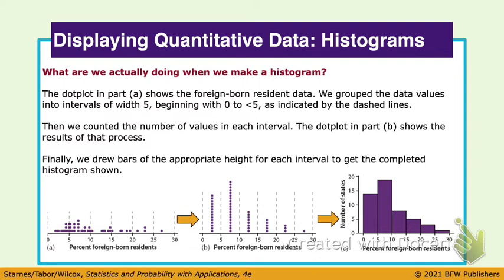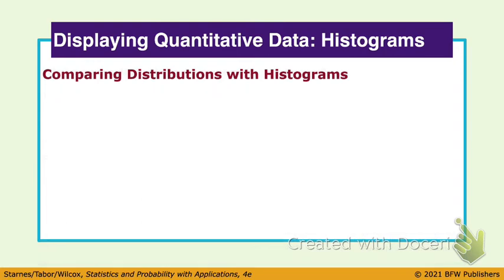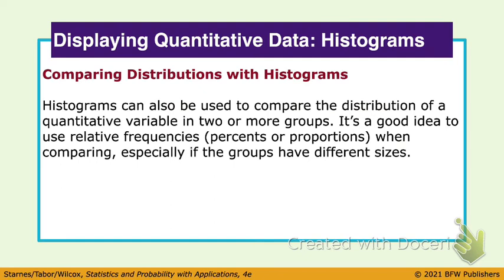Any questions? All right, just like we have done before with dot plots, we can do this with histograms, comparing histograms. Histograms can also be used to compare the distribution of a quantitative variable in two or more groups. It does have to be quantitative.